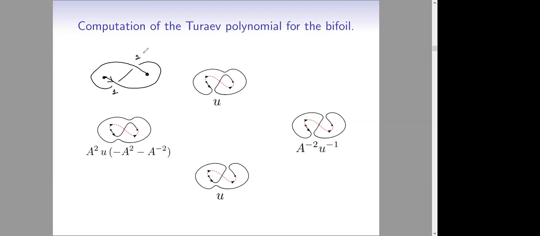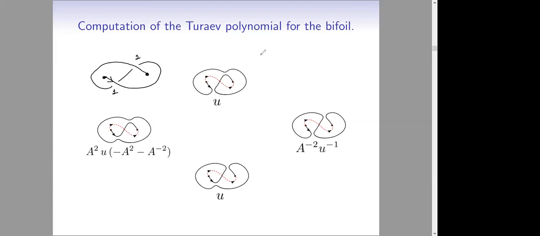We resolve each crossing in the 0 resolution or 1 resolution way. For example, here, both crossings are resolved in the 0 resolution. People sometimes call this the cube of resolutions. There are 2 crossings, so there are 4 possible resolutions.